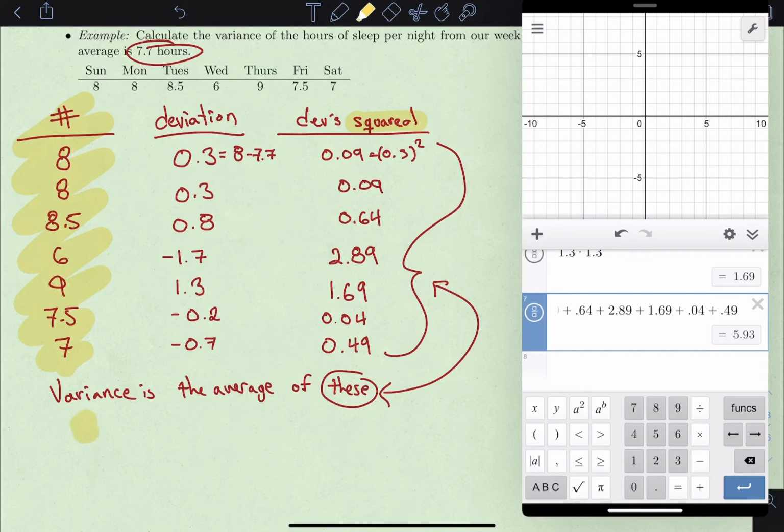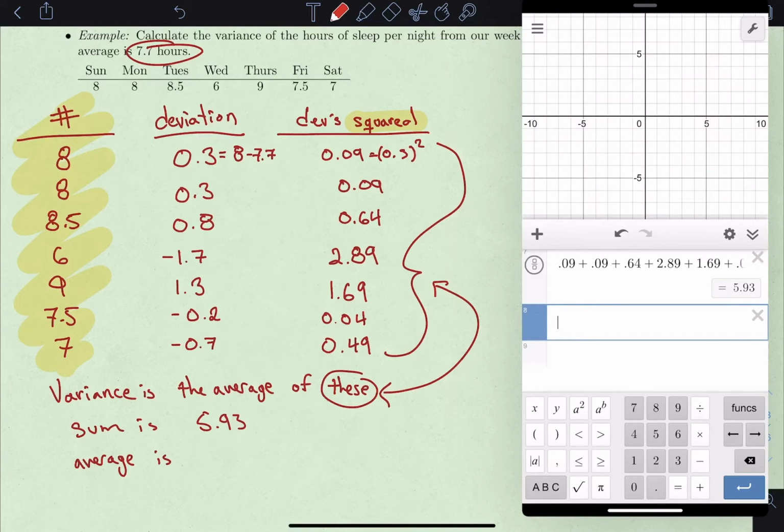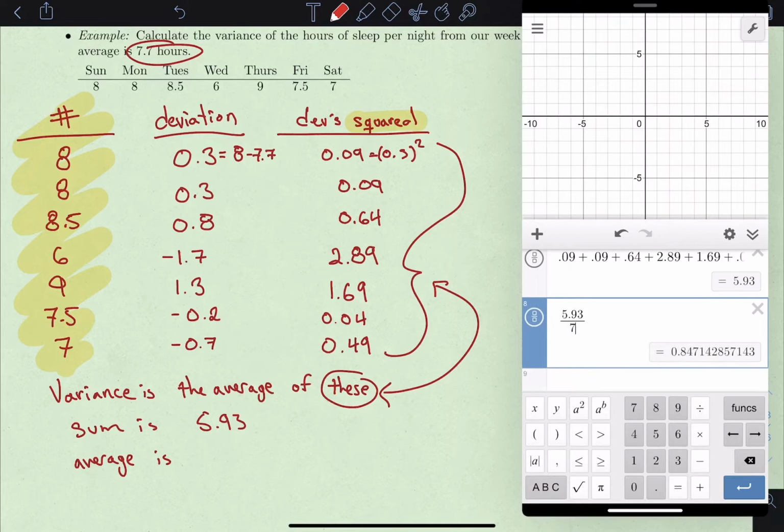Sum is 5.93. So average is 5.93 divided by 7. 0.8471. Great.